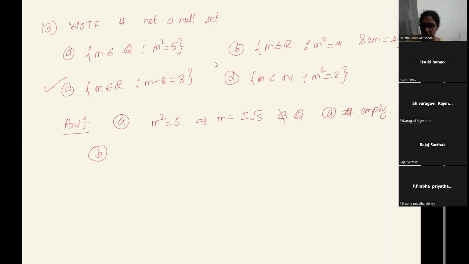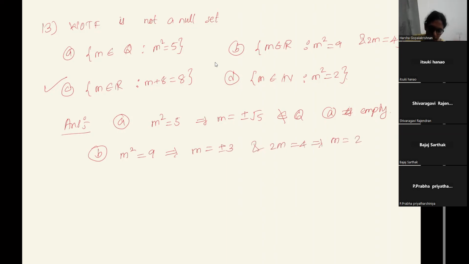Now, in the second option, is there any element in the second set? No, because we have two conditions in the second set. If an element in R belongs to that set, then we need to satisfy both conditions. m square equal to 9 implies m equals plus or minus 3, and 2m equal to 4 implies m equals 2.